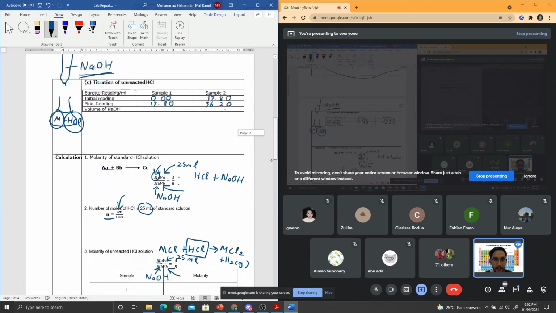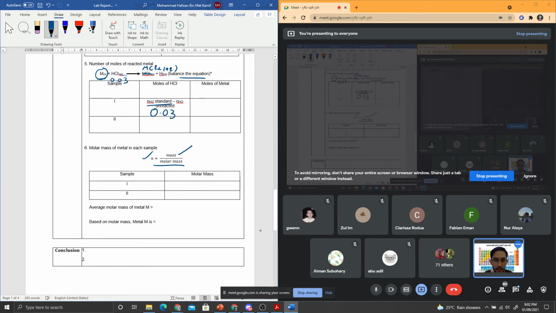So use the mass, cari the molar mass. So bila you dah dapat molar mass, you average kan. Lepas tu look at periodic table ataupun you punya tutorial books, ada the list of molar mass. So tengoklah elemen mana yang mass dia paling dekat dengan molar mass yang you dapat. And then conclusion saya dah cerita tadi macam biasa.